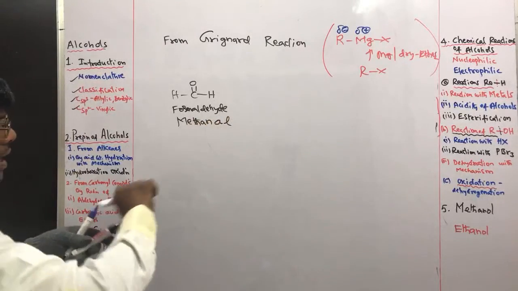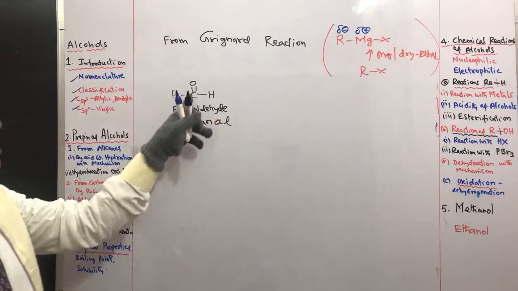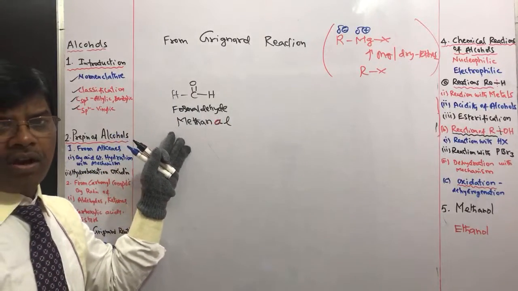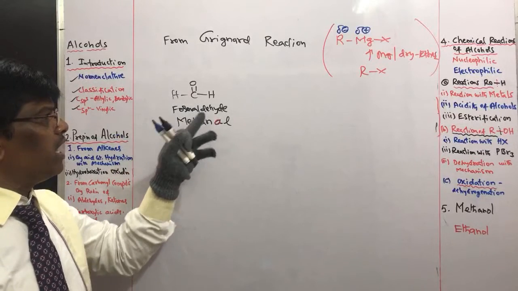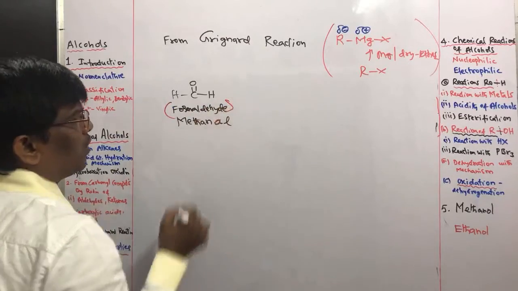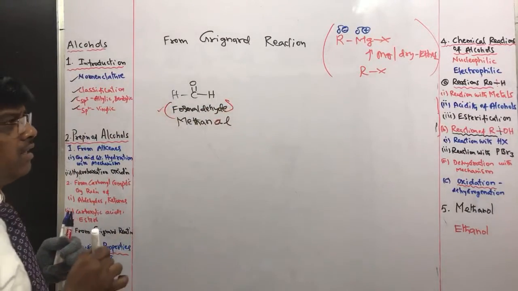For an aldehyde we use the suffix -al, so this is methanal. We have come across methanol, CH3OH, which is different. I don't want to confuse you, so I can write it as formaldehyde.